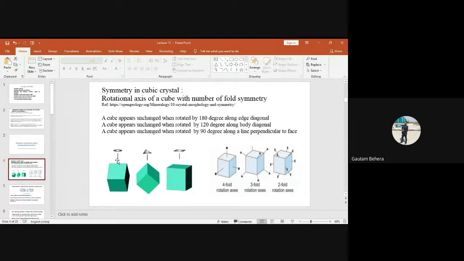The axis is passing through the edge diagonal. You can see the edge diagonal. So this is 1 edge diagonal, this will be 2, this will be 3, this will be 4. And one edge diagonal will be like this, and the other edge diagonal will be like this. So 6 two-fold. Have you understood now?